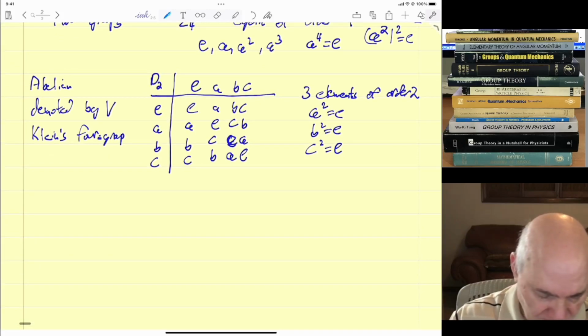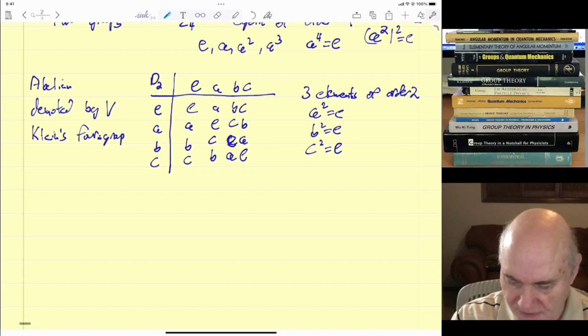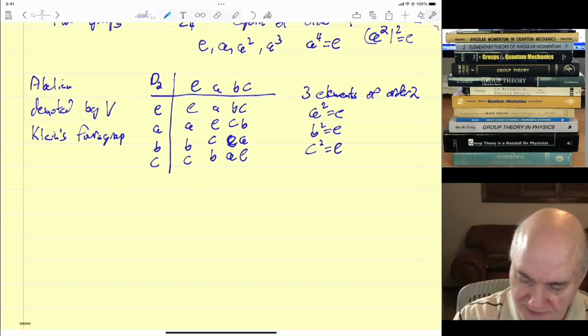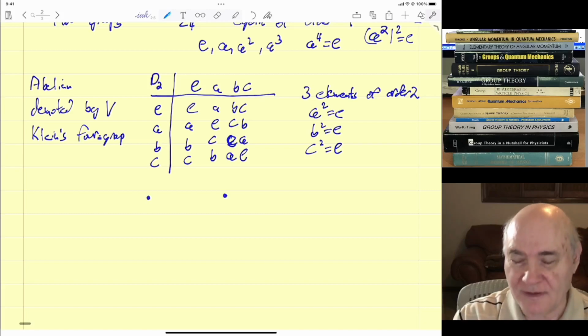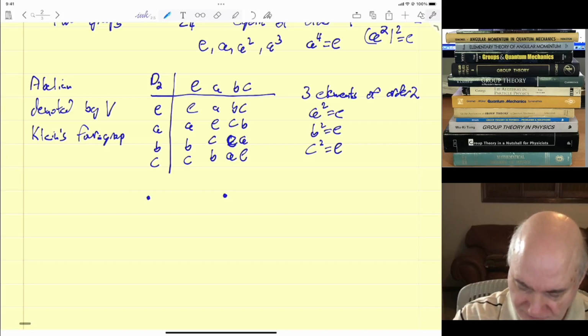Okay. I want to go on to the dihedral group. I should explain more what it means, but in the case of D2, it really concerns a geometric figure of two points. Basically the symmetry of two points: imagine this is a plane, you can either reflect about this axis, or you can rotate by pi.